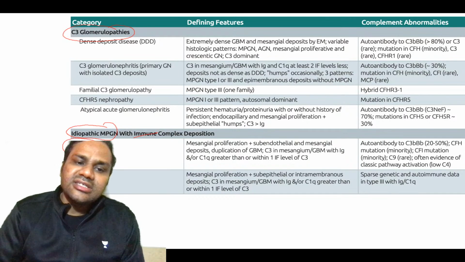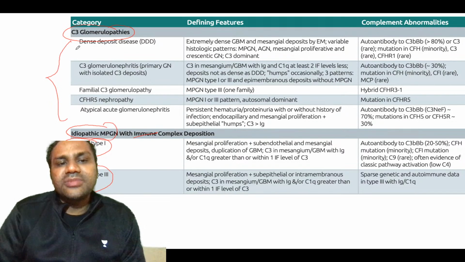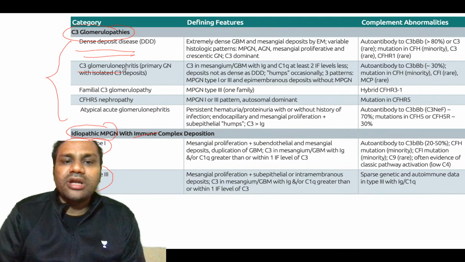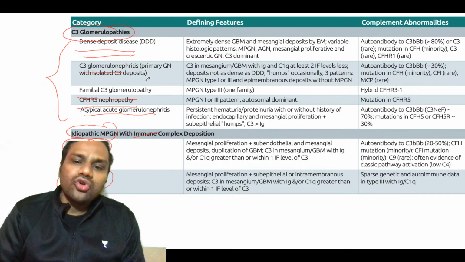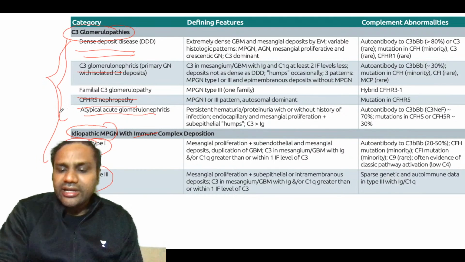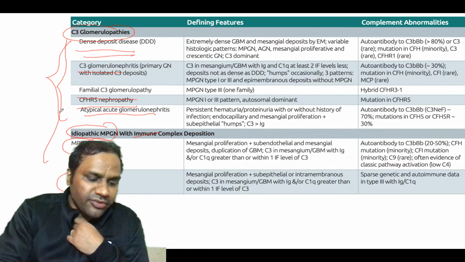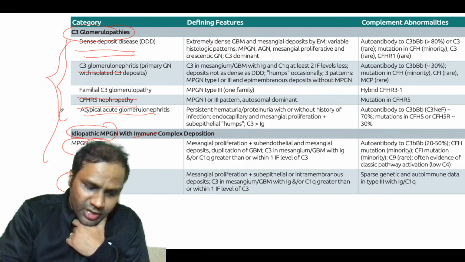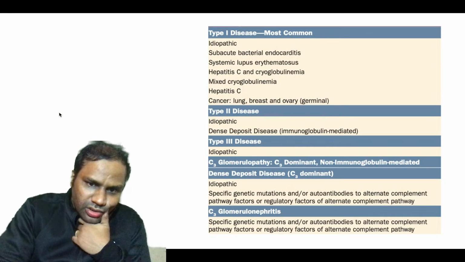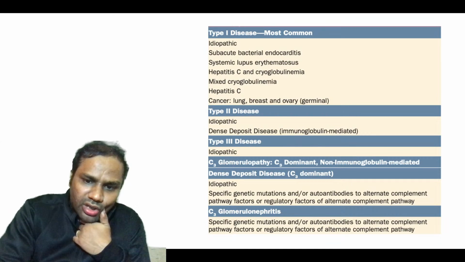MPGN is basically type 1 and type 3, and C3 glomerulopathy includes dense deposit disease, C3 glomerulonephritis, familial C3 glomerulopathy, CFHR5 nephropathy, and atypical acute glomerulonephritis. So these are important names which you need to remember in case of C3 glomerulopathy and idiopathic membranous glomerulonephritis, okay. So these are some of the important types of diseases we get.